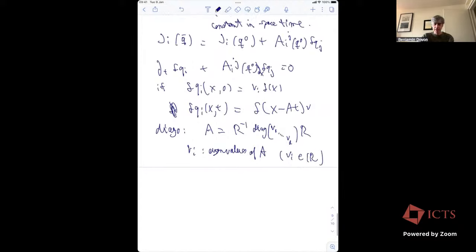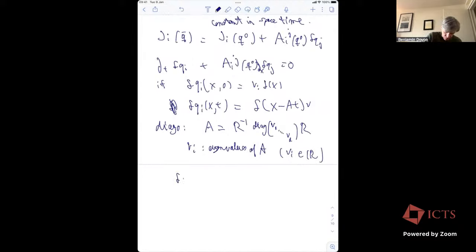So we find that δQi(x, t) is some matrix R inverse, some delta function of x minus VL t, and R.